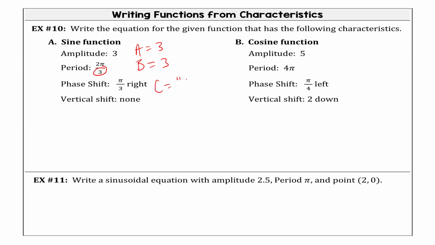It's going to look like a negative, right? Okay. And then what about our D? It equals 0. Will I need to write it? No. Okay. Just remember, when you have period, all you're doing is doing 2 pi over B equals whatever they say. In this case, did I have to cross multiply or anything? No, it was very obvious what B had to be.